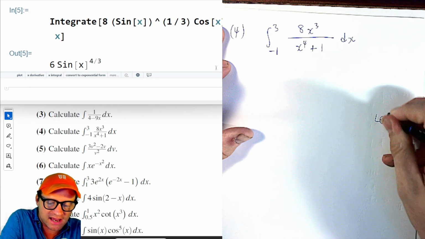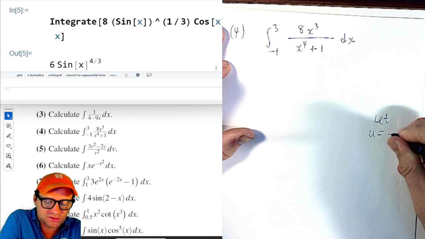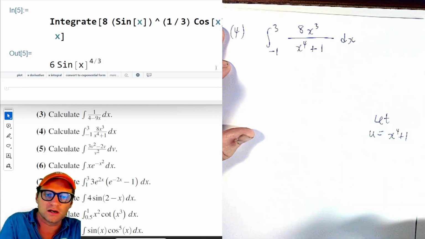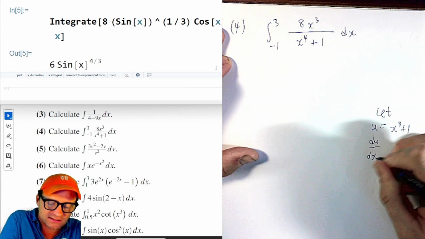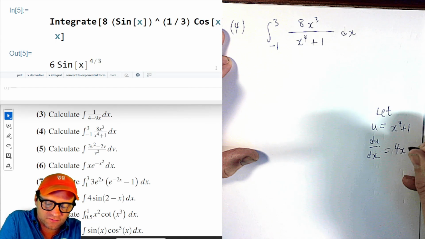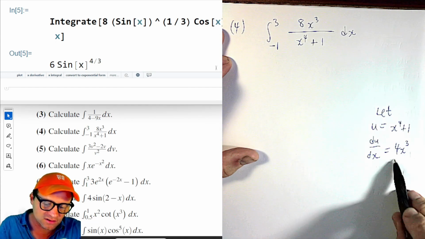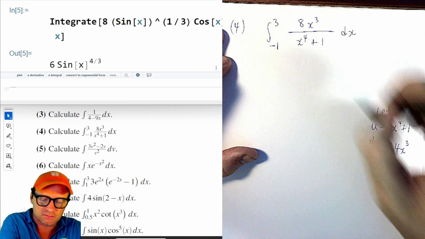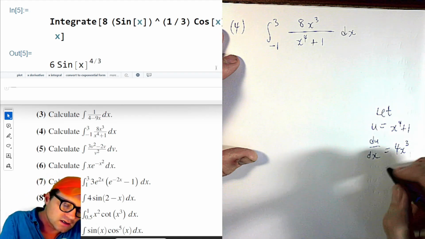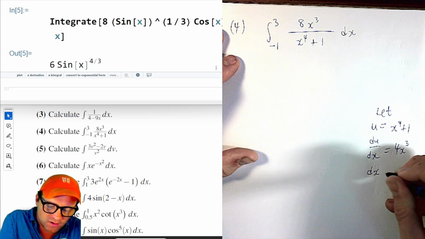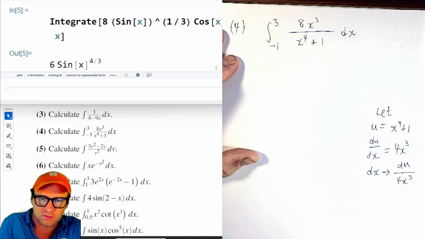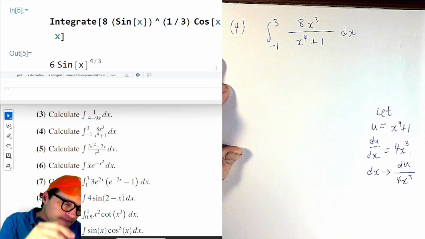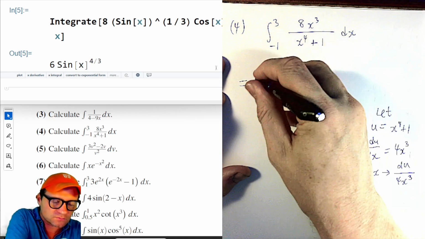So here, let's say let u be equal to x to the 4th plus 1. Now let's take the first derivative, du on dx is 4x cubed. Okay, so you see these are off by a constant multiple of 2. And so now we're going to replace dx with du over 4x cubed in here. Okay, so let's continue.